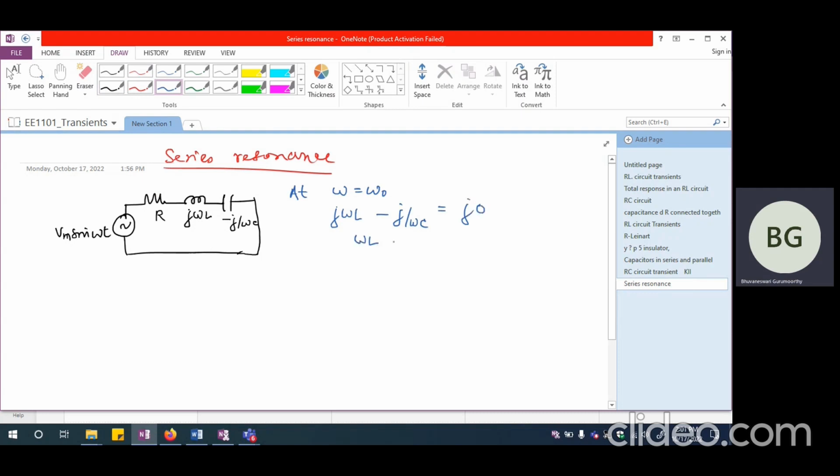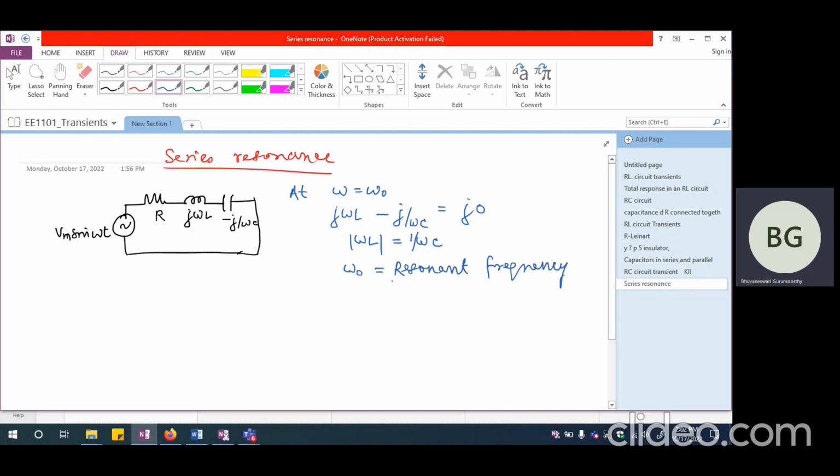So omega L equal to 1 by omega C. This is going to be the condition for resonance. So we said that omega naught, which corresponds to this resonant condition, we call the resonant frequency.